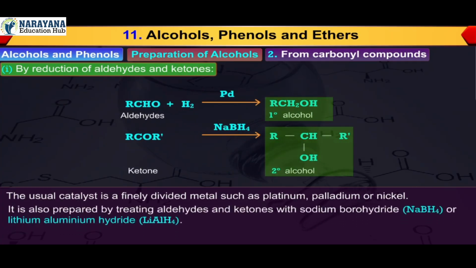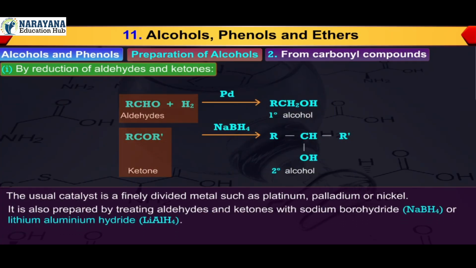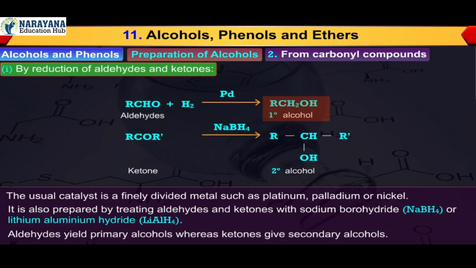They can also be reduced by treating aldehydes and ketones with sodium borohydride, NaBH4, or lithium aluminium hydride, LiAlH4. Aldehydes yield primary alcohols, whereas ketones give secondary alcohols.